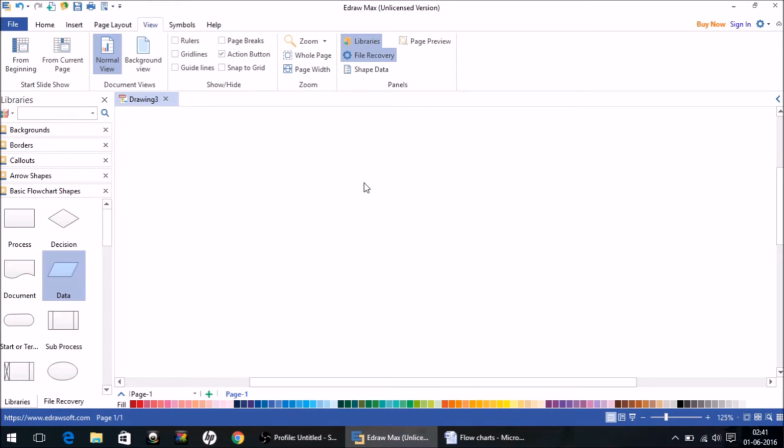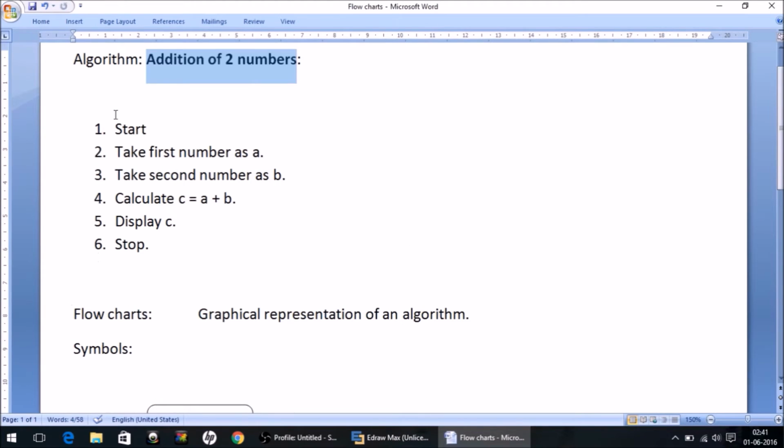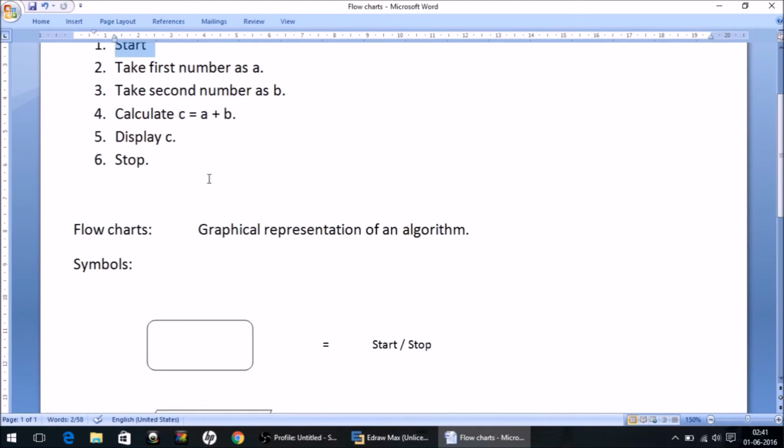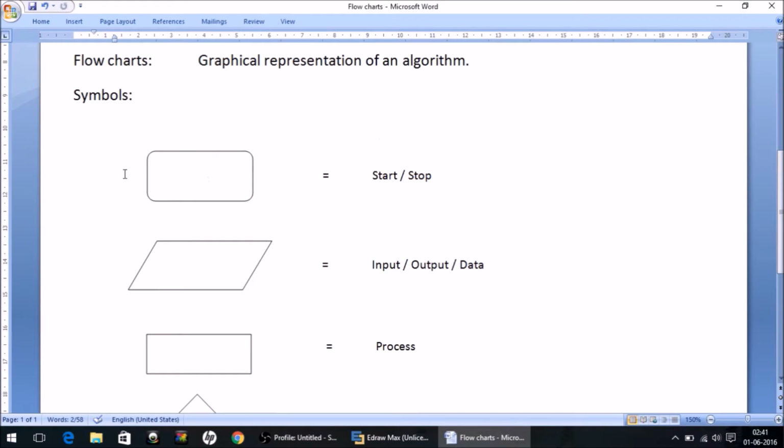I'm using a software called eDraw to design flowcharts because I find it a bit easier to explain. So on my left side, I am given all the shapes which I want. So first thing, I want to represent start, and what symbol do we have for start?